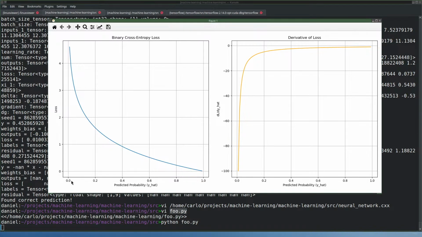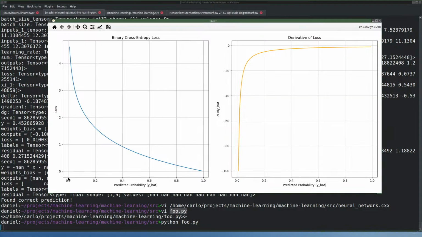So the input value, in this case y hat, is exactly between 0 and 1. It cannot go larger than 1. It's the probability or the certainty that it feels about the prediction. So 1 means it's 100% certain that it is a 1, and 0 means it's 100% certain that it's a 0.